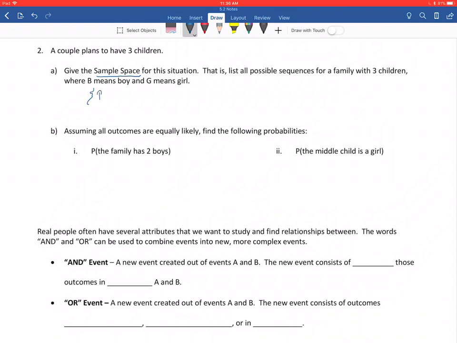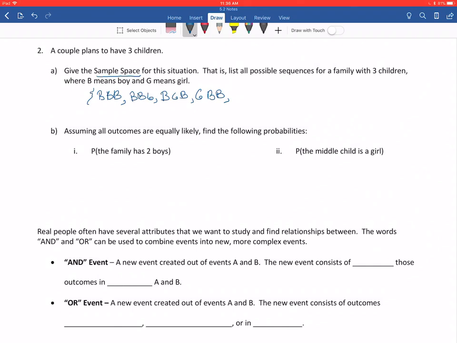So what we would have to do is come up with every representation of what it could look like to have 3 children. So if they are all boys, it would look like boy, boy, boy. Or it could be boy, boy, girl. Boy, girl, boy. Girl, boy, boy.